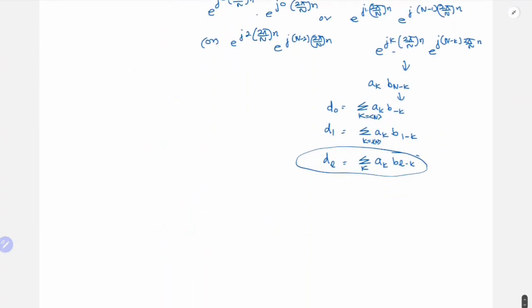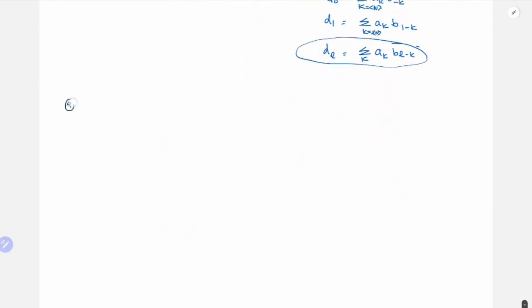So next property, let us look at first difference. So x of n gives ak. First difference is x of n minus x of n minus 1. So this you already know.